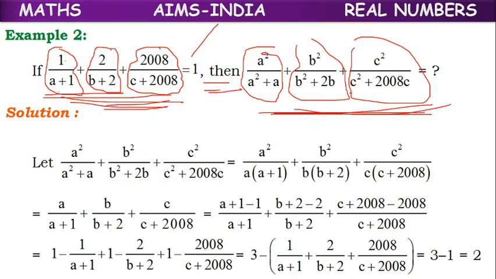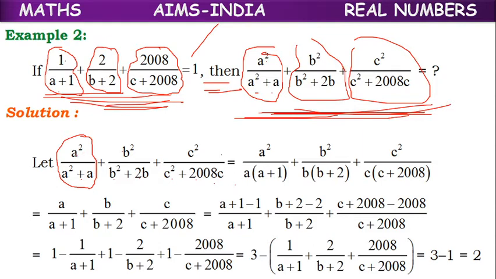So here we have to find this value: a square by a square plus a, b square by b square plus 2b, c square by c square plus 2008c.